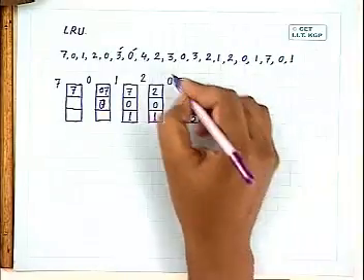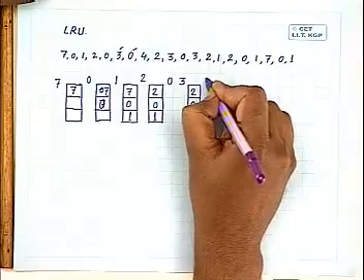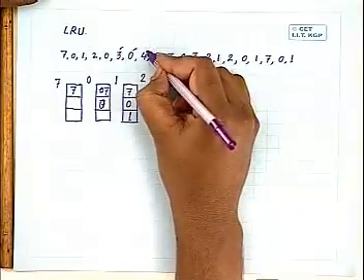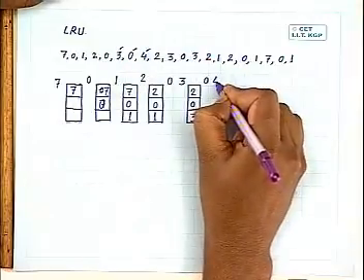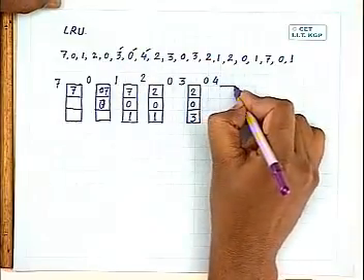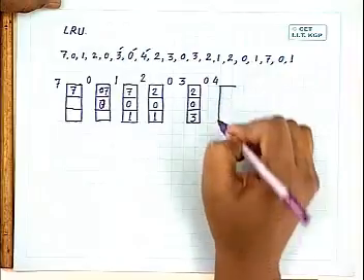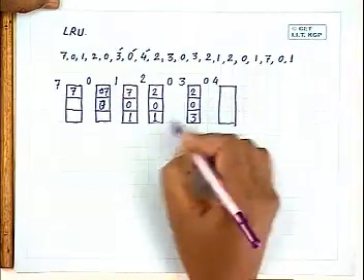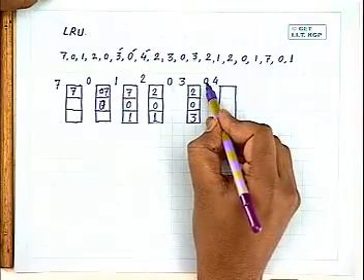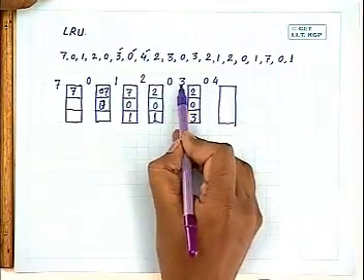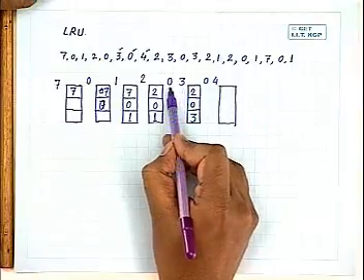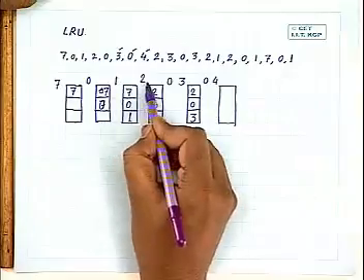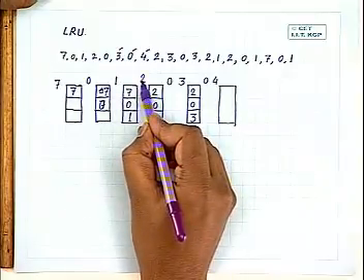Next time again 0 is referred, so it is existing in the main memory, there is no page fault. Next time 4 is referred, again there is a page fault, and I have to find the page which is least recently used. Again you find 0 is most recent, 3 was referred before that, and 2 out of these 3 pages is the least recently used.